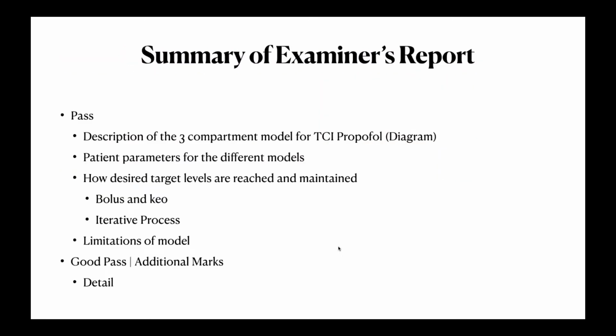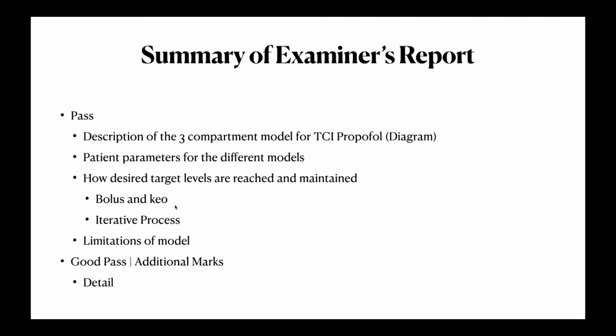So this is the summary of the examiner's report. To get a pass, we need to describe the 3-compartment model for TCI and have the diagram, and then have the patient parameters for the different models, and how desired target levels are reached and maintained.